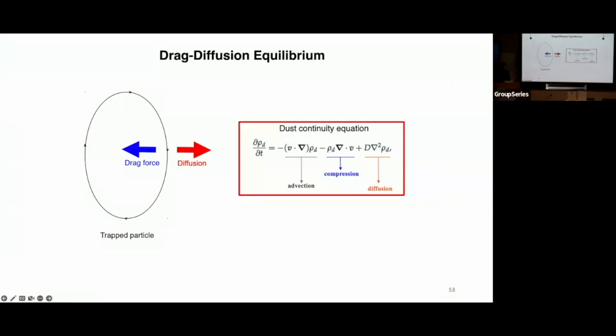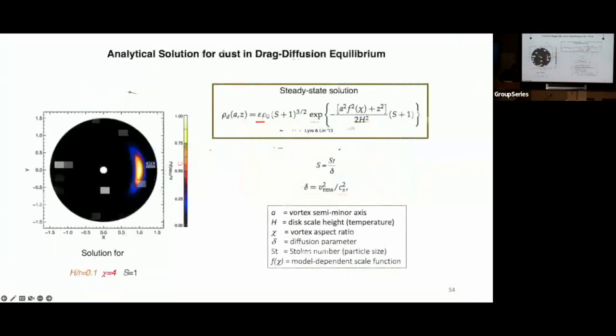Well, I learned back in grad school to go analytically as far as one can and only run simulations when we cannot go any further. Turned out that in this case, we could go analytically all the way. So this is the steady state solution. It depends on a few quantities.